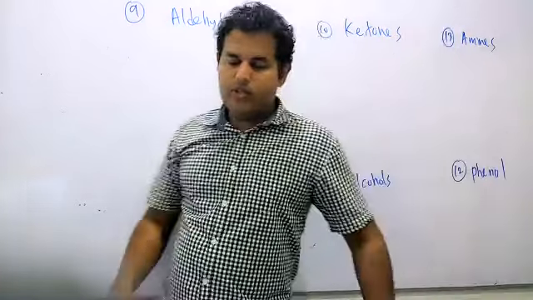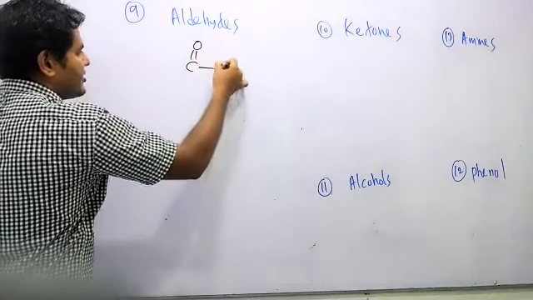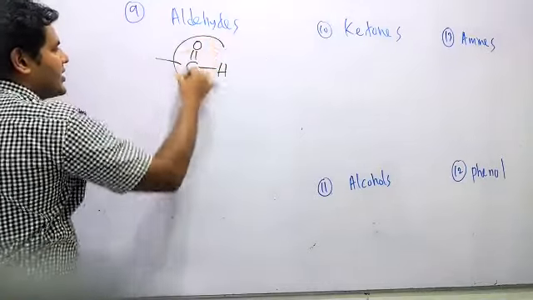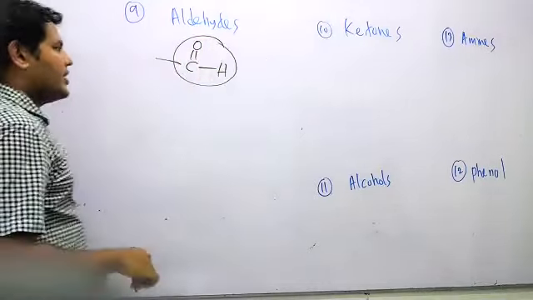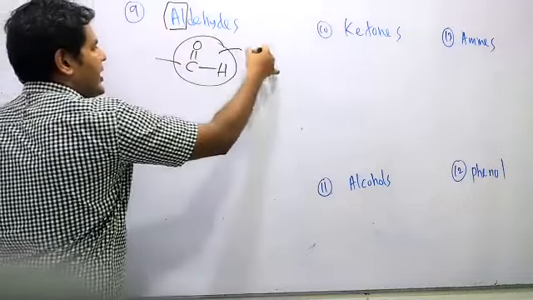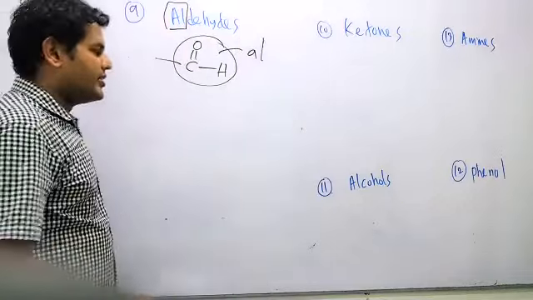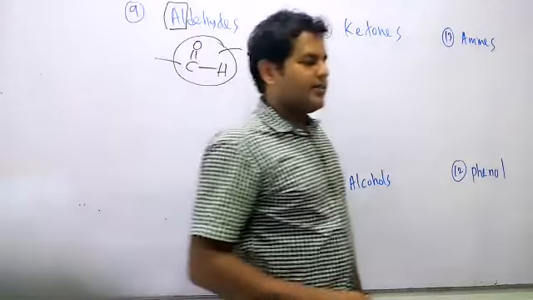Now aldehydes. In aldehydes, it is COH. This is the functional group. When you are getting this COH, how do we shorten it? The name is from here: al. That's aldehyde.